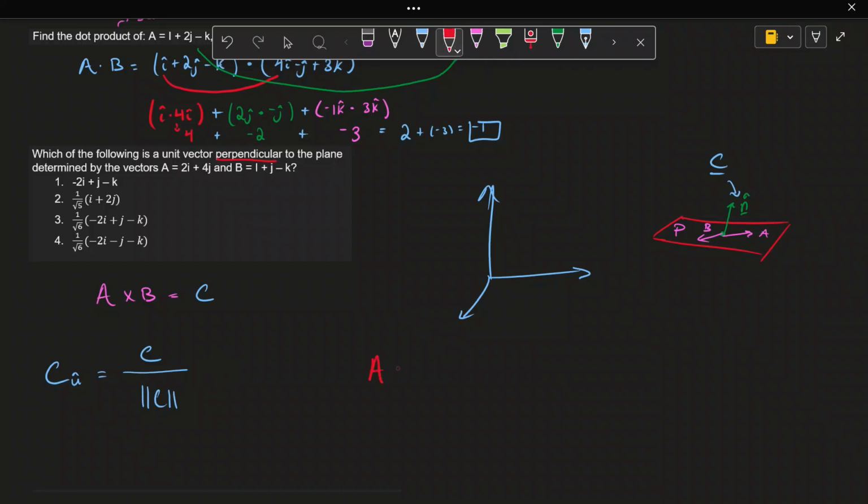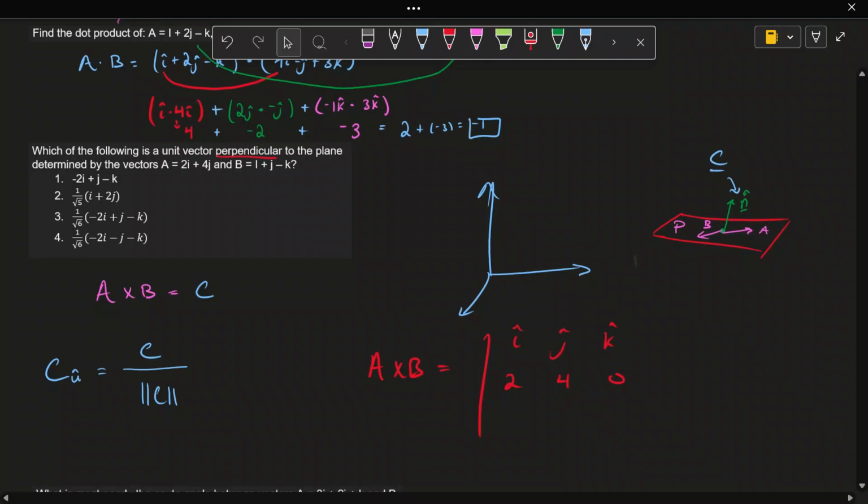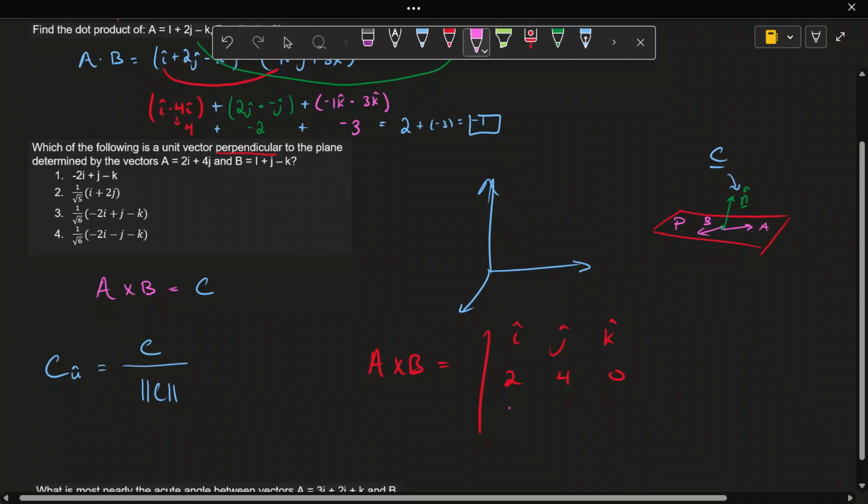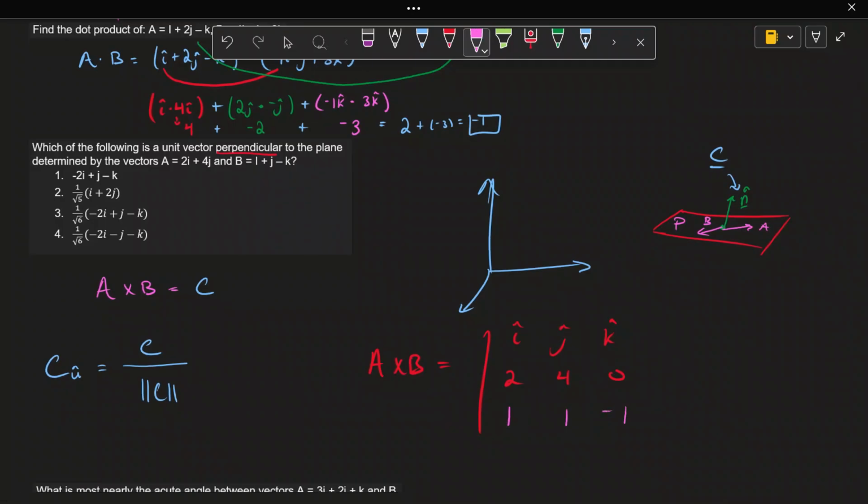So first, we take the cross product between A and B. This is going to be equal to I, J, and K hat, and we have 2, 4, 0, because we have 2I plus 4J in the A vector. Now for the B vector, we have 1I plus 1J minus 1K.